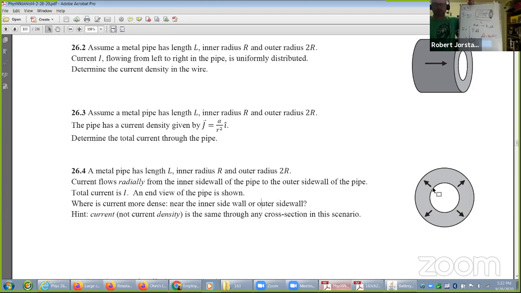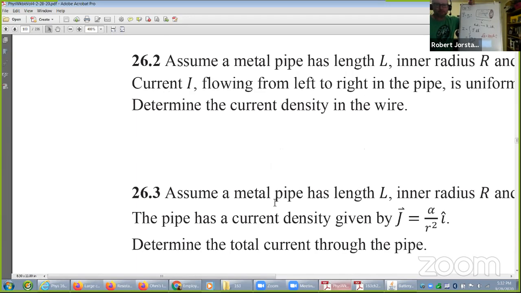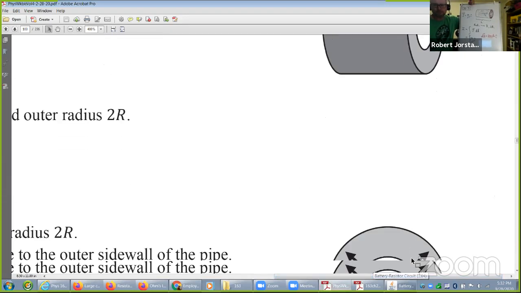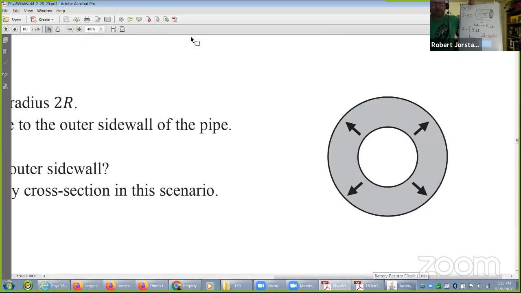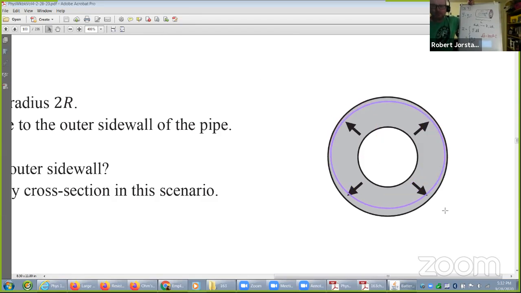And so the same amount of charges have to flow through. If I was going to be a charge flowing through that surface versus that surface, the same amount of current is flowing through the red and the purple rings.